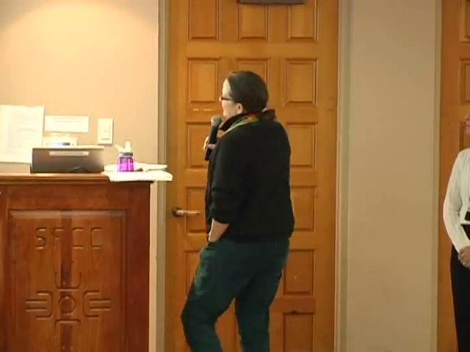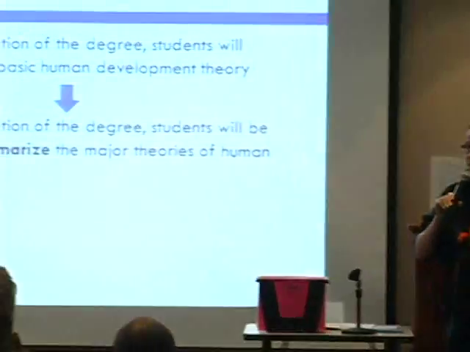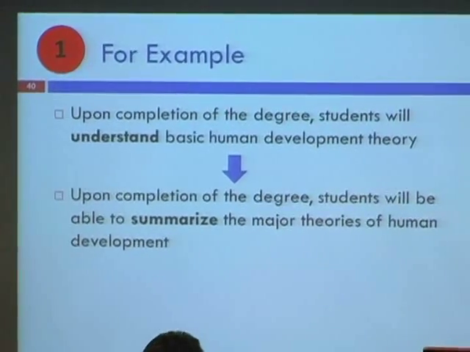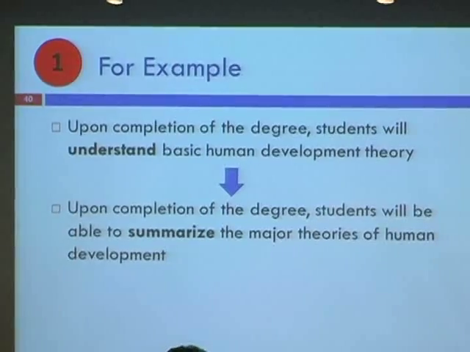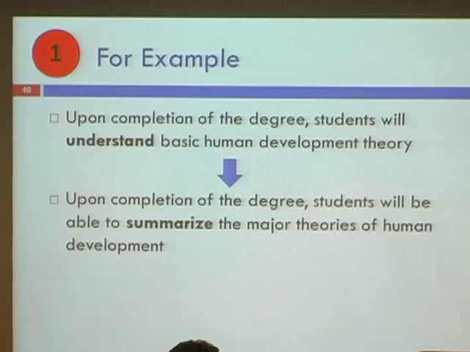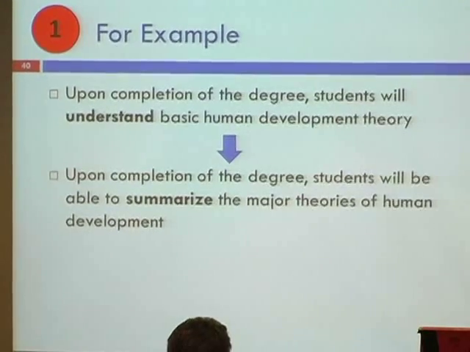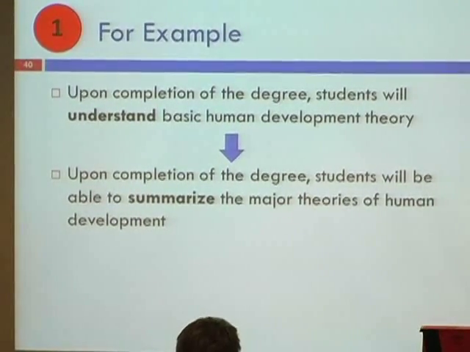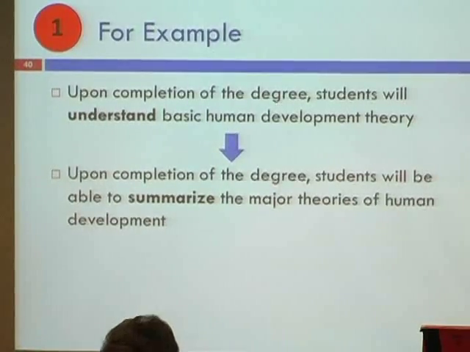So here we have another example from another area of what we would call a bad learning outcome. Upon completion of the degree, students will understand basic human development theory. How do I, again, we're going back to how do I measure understanding or knowledge? Those things we want students to understand and know, but how do we measure that?